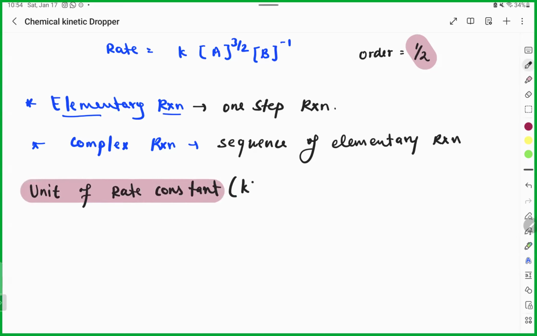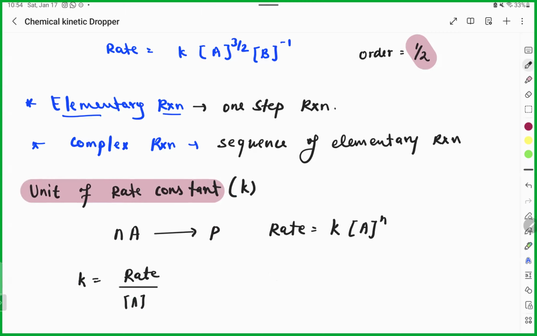We are talking about K. And you know, if n number of A convert into product, then your rate will be equal to K[A] raised to power n. And you are calculating K value. So it will be rate over [A] raised to power n.